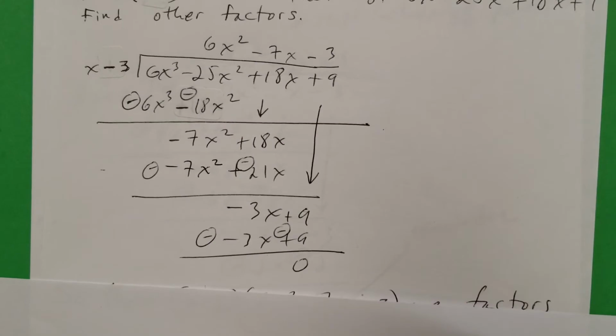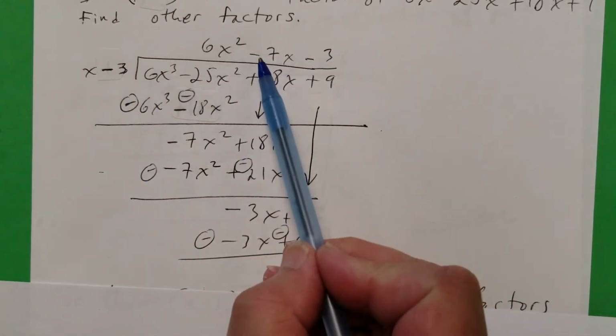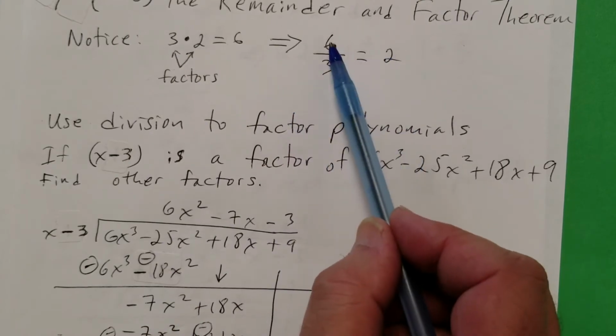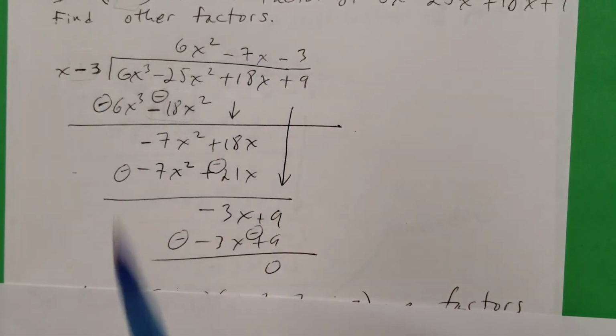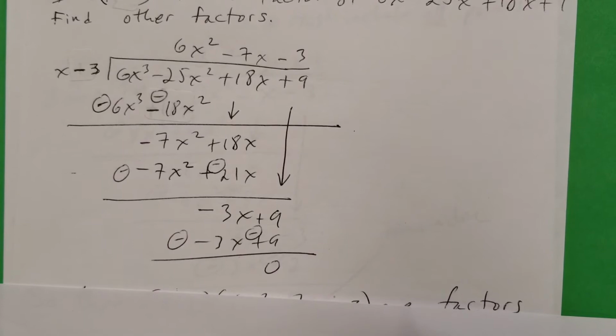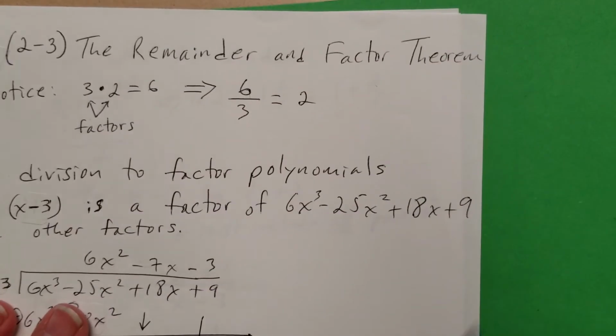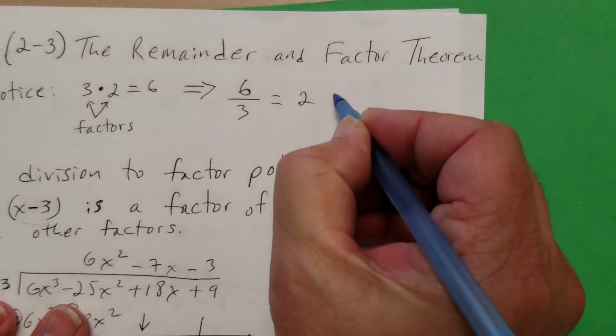Okay? So what that means is that this times this equals this long thing, right? Just like 3 times 2 equals 6, this times this equals this. You know what? Let's go back up here, just so it matches what we're doing here.